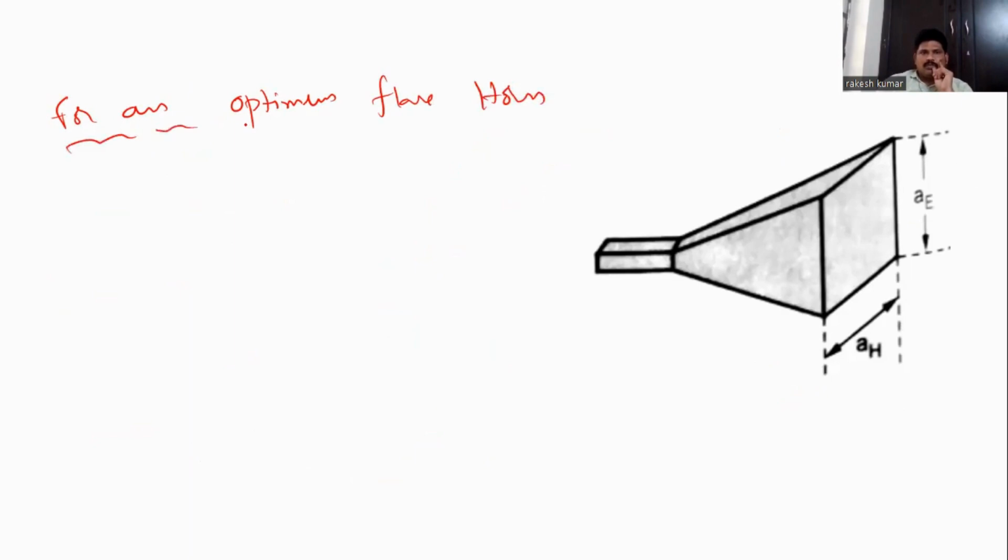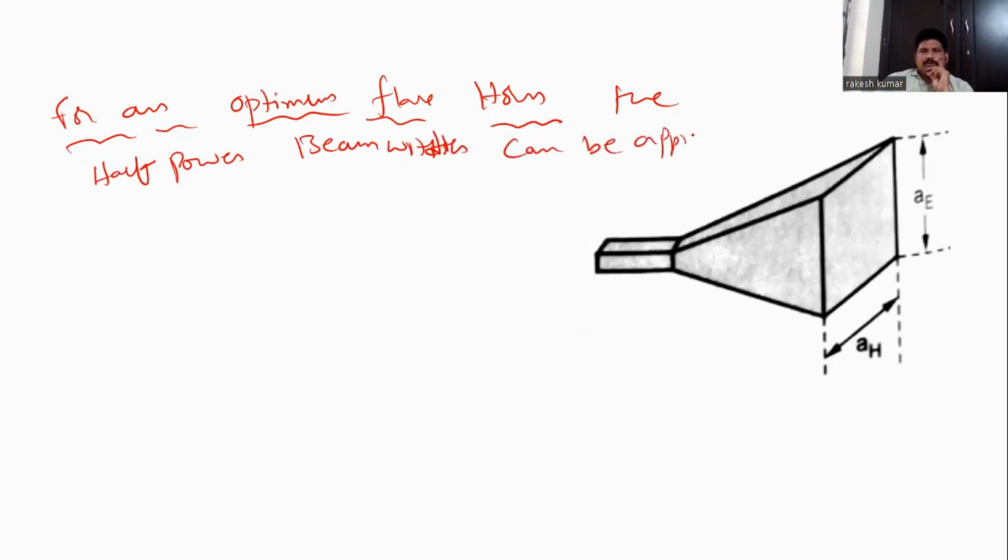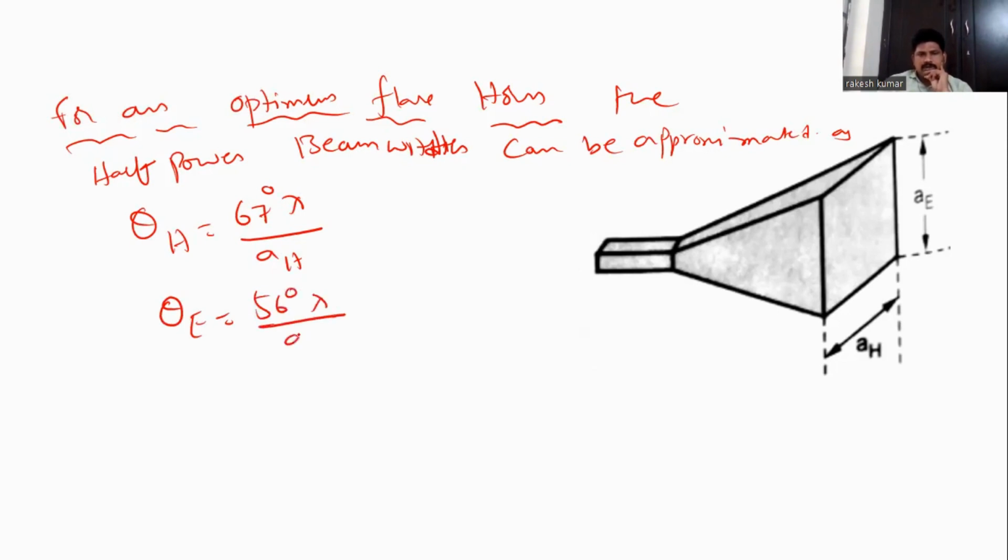For an optimum flare form, the half power beam width can be approximated as theta h is equal to 67 degrees lambda by AH, and similarly, theta e is equal to 56 degrees lambda by AE.